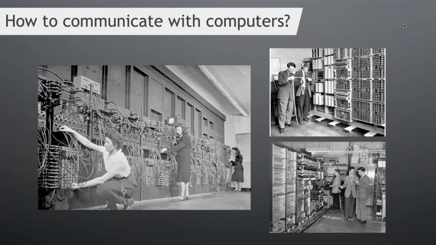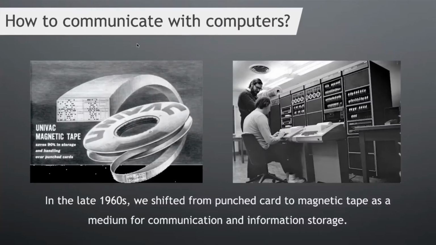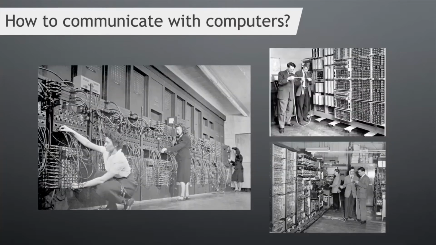But the main thing that humans have needed to do is to communicate with computers, to really know that what they're getting the computer to do is what they actually asked, and that the computer can return the answer that it came up with, whether that's right or wrong. And of course, in the early days of computing history, you would effectively wire up the computer for every new program.